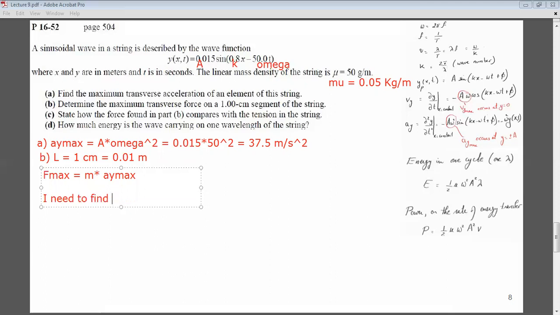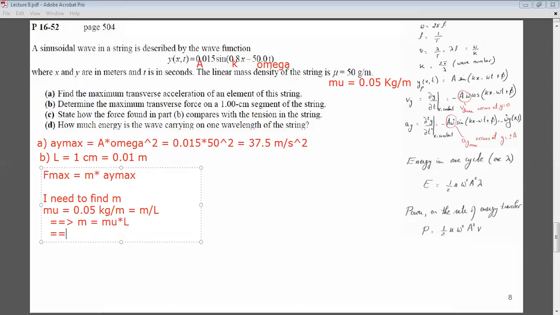So I need to find M. To find M, I use the fact that mu is equal to 0.05 kilogram per meter. Mu is equal to mass divided by length, which implies mass is equal to mu times the length.